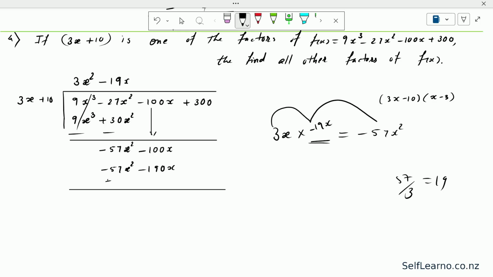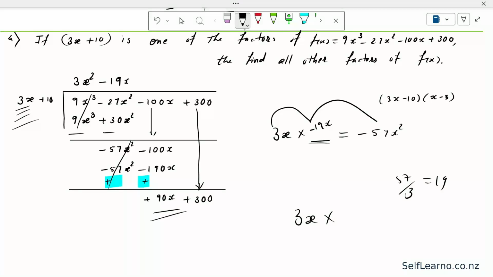Change the sign, negative becomes positive. Now we should consider this sign. Negative 57x squared and positive 57x squared cancel each other. And here I have plus 190 and minus 100, so I get plus 90x. Now I should bring this 300 down, so it is plus 300. I have this 3x.